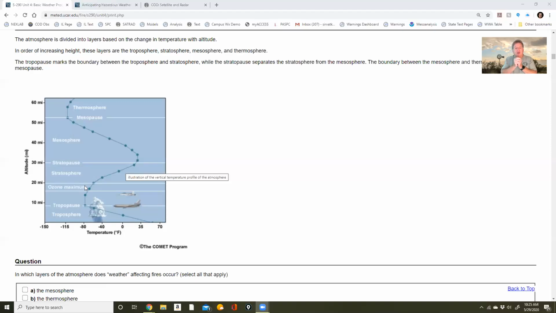Okay? So in the atmosphere, in the troposphere, and the end of the layer is called a pause. So the troposphere ends at the tropopause. The temperature on average goes down the higher up you go. And there's a reason for that, which we don't know yet. We'll get to it eventually. When I go to the stratosphere, I have ozone, which is a gas, and it absorbs certain types of radiation called ultraviolet.